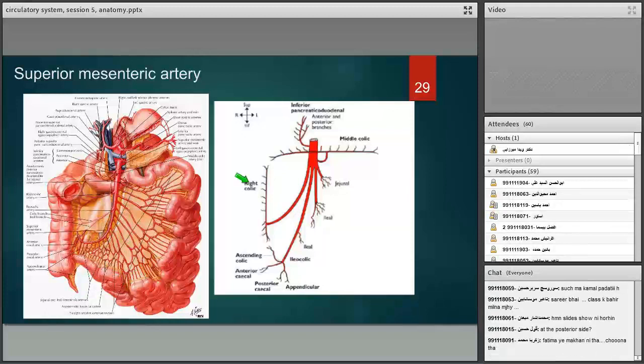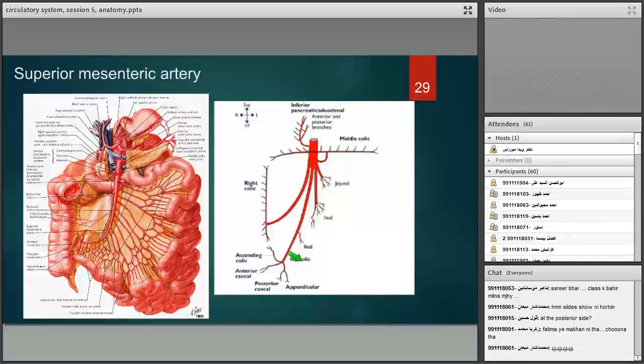The other branches of the superior mesenteric artery, which are deriving from the right side of the artery, are one of them is the ileocolic branch.